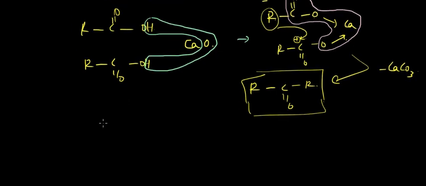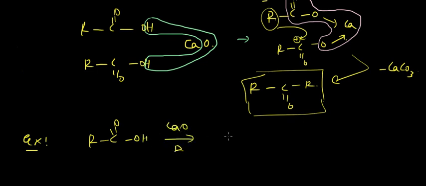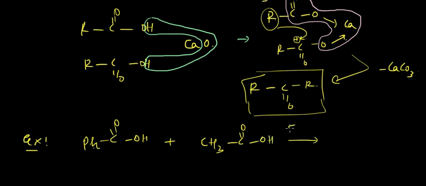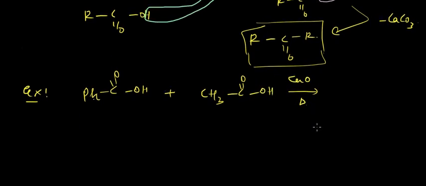Let's discuss another example. We have RC double bond OH, and we are heating it in presence of CaO. We have already seen this reaction. Let's take PhCOOH, benzoic acid, and let's have acetic acid as well, in presence of CaO, and we heat it.